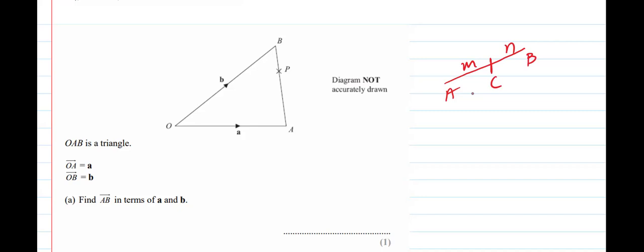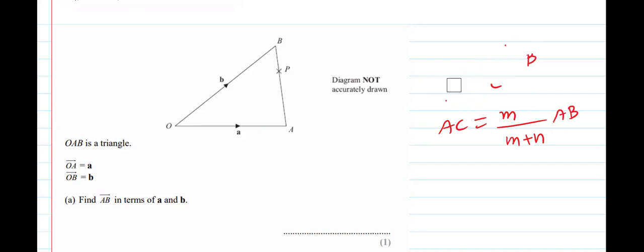How will you find AC? You take the ratio of this one over the sum of the two ratios, multiplied by the full vector. This is how we always use the ratio formula. I will apply it in this question also.